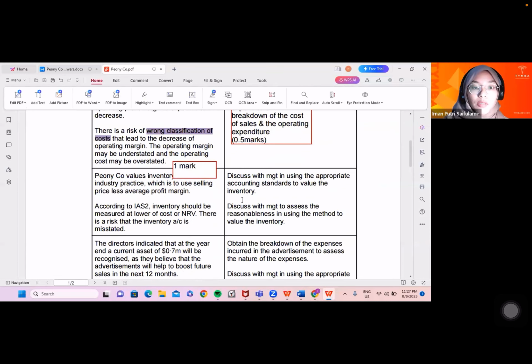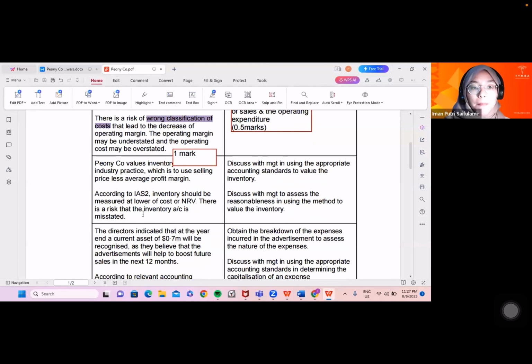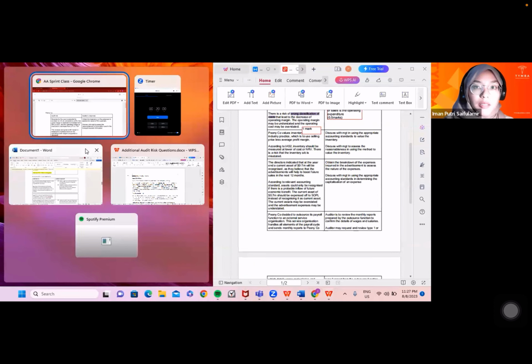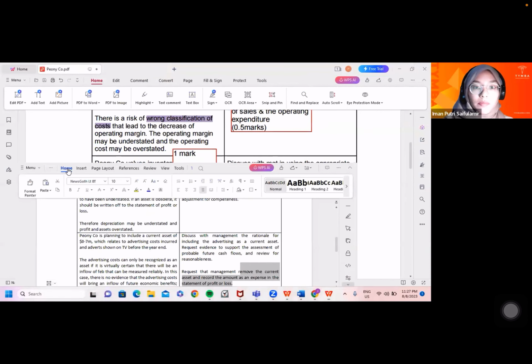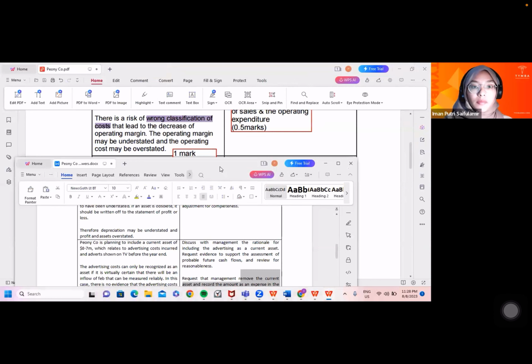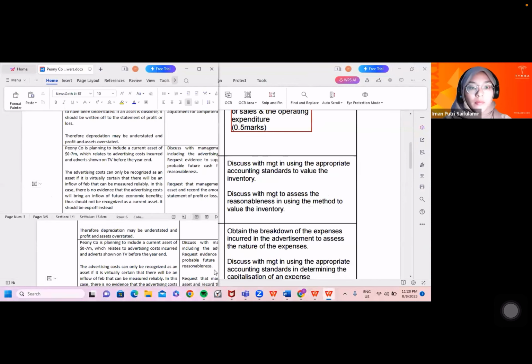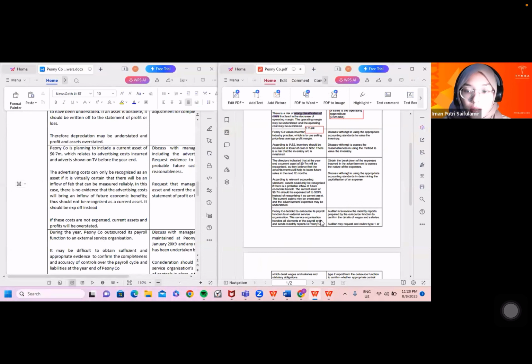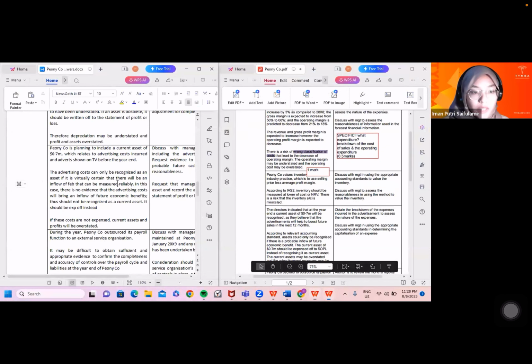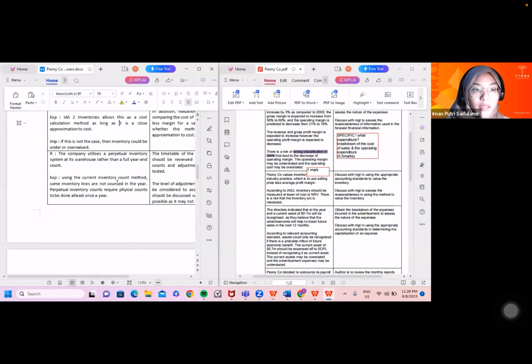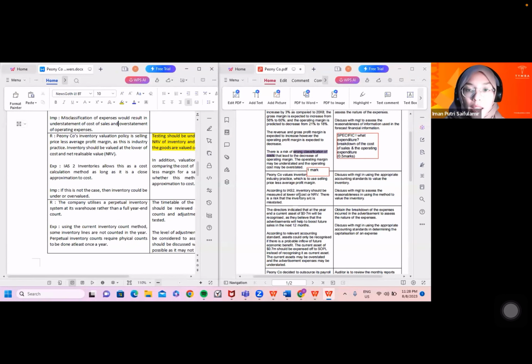Okay, Conico values inventory. Inventory should be measured at the lower of cost or NRV. There is a risk that the inventory account is misstated. Let me just see my point. I want to open my question side by side. Alright, so for the inventory point, we have to make sure that this is a close approximation to the cost.